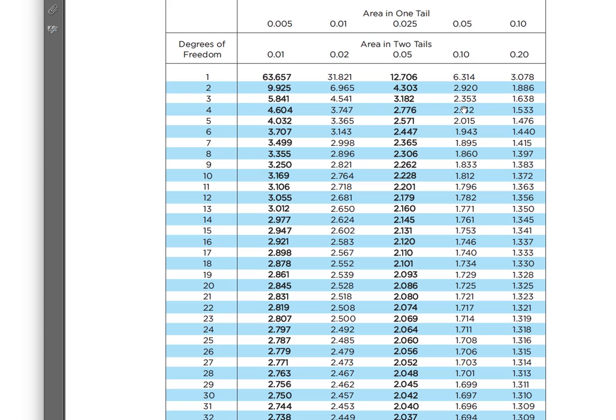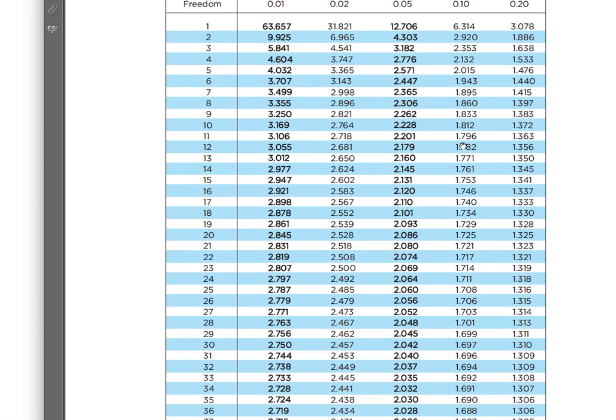And so we'll use that column, the fourth column, and our degrees of freedom are 35 because the sample size is 36. And so that means that right here in this fourth column and in the row with 35 degrees of freedom, we find a critical value of 1.69.